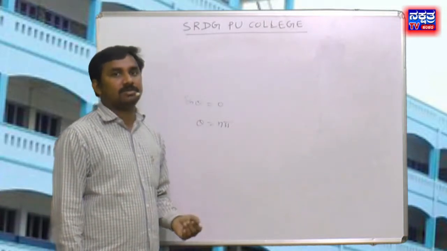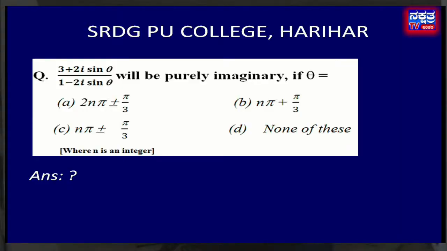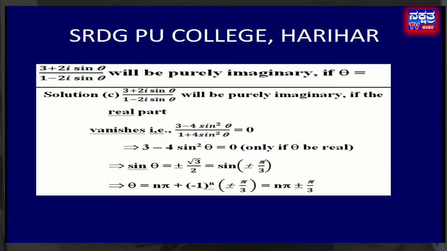Watch the next question. (3 plus 2i sin theta) by (1 minus 2i sin theta) will be purely imaginary if theta equals what? Just now we discussed purely real, and this is about purely imaginary. So if you continue the solution, to make it purely imaginary we have to make the real part 0.